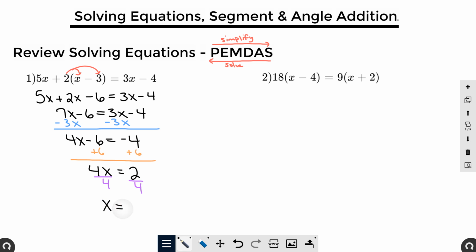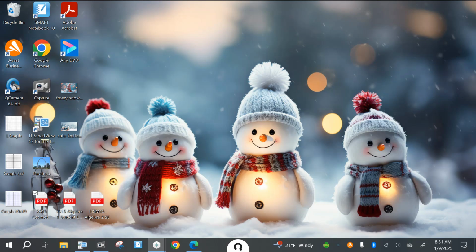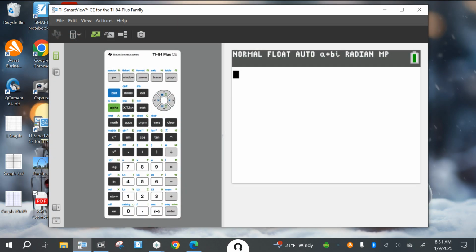Now, when you divide by 4, think about what you're doing. You're doing 2 divided by 4. What is 2 divided by 4? 1/2, or as a decimal, 0.5. I don't care if you write it as the fraction or the decimal as long as that decimal ends. So in your calculator, when you divide things out, 2 over 4, you can say 0.5.